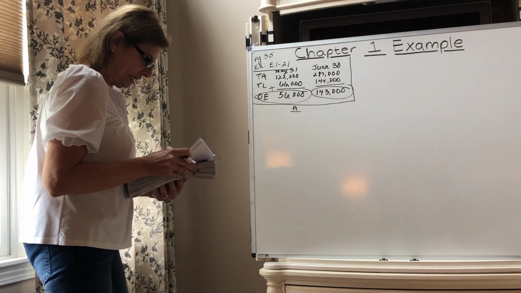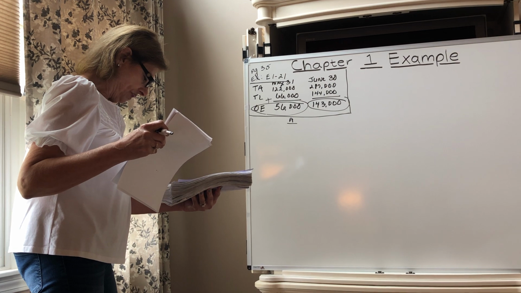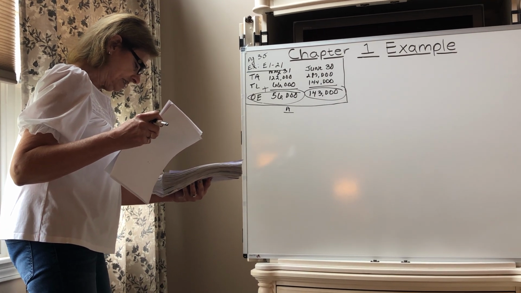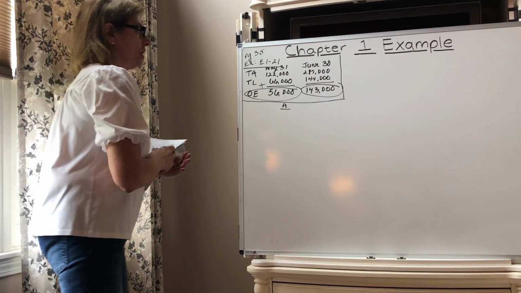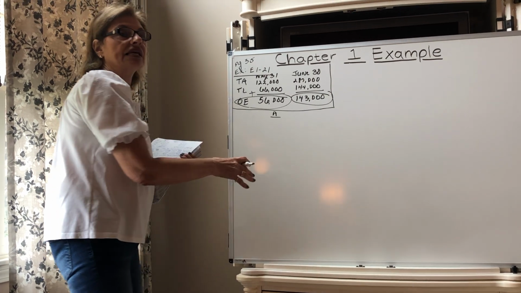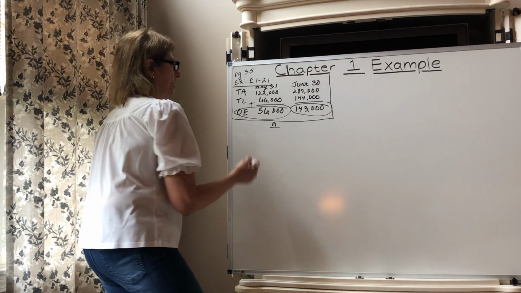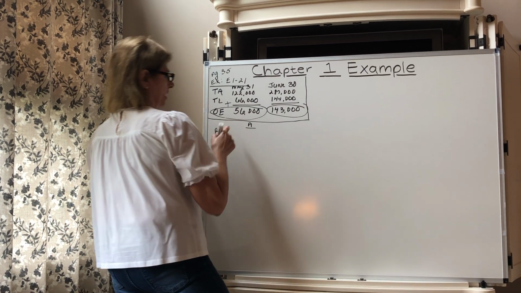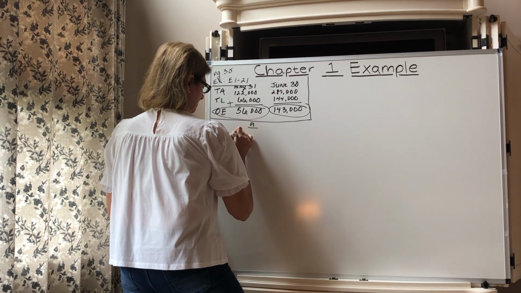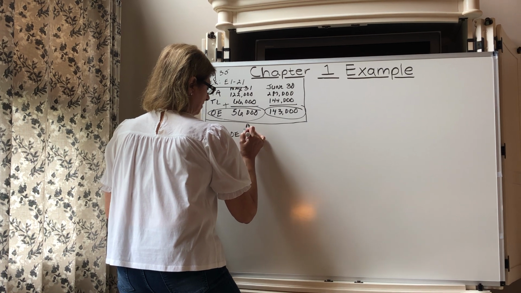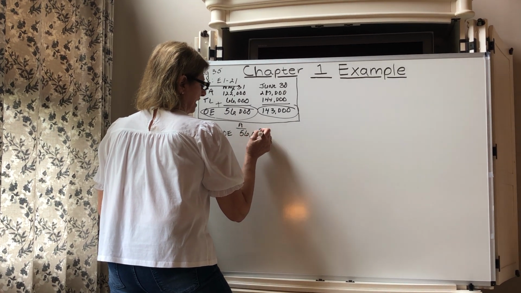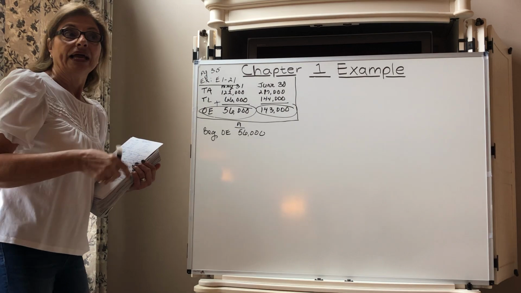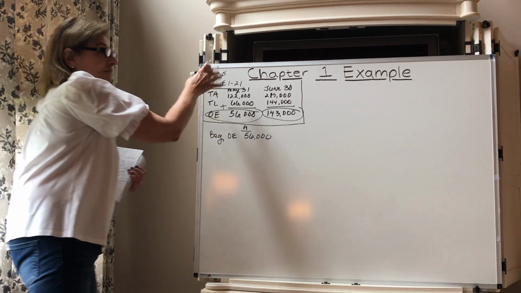In situation A, they say the owner contributed $10,000 to the business and made no withdrawals. So we're going to start putting the numbers in the formula. We know the beginning is 56, because we figured that out by process of elimination.